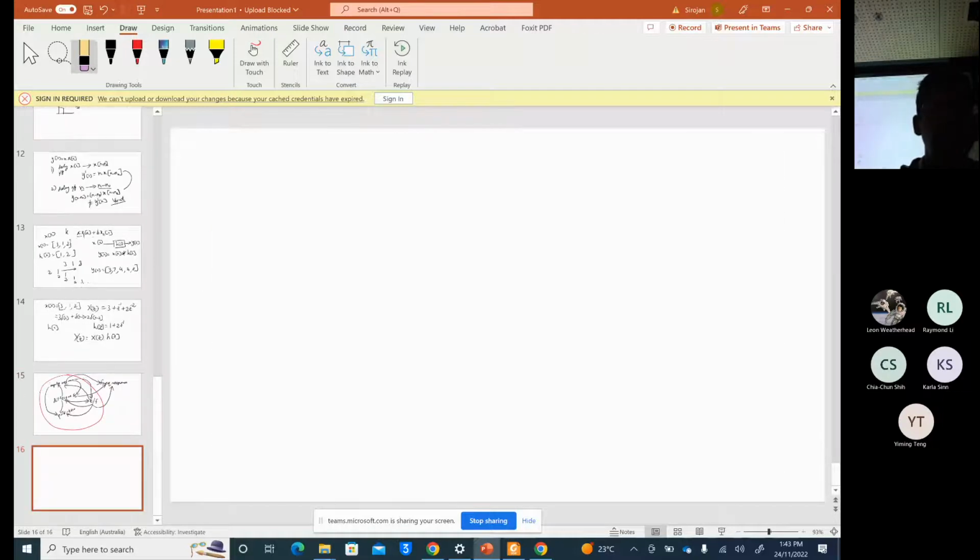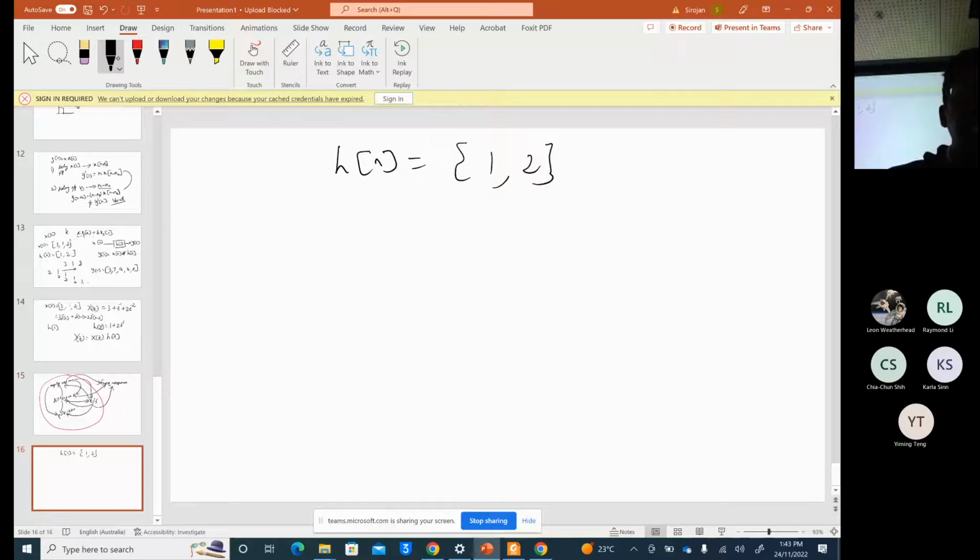So let's say Hn is given as 1, 2. Then you can find Hz, that is 1 plus 2 z to the minus 1. You can find the difference equation: yn equals xn plus 2 xn minus 1.